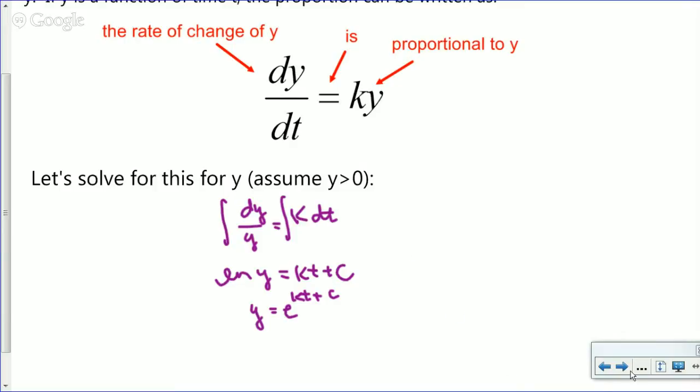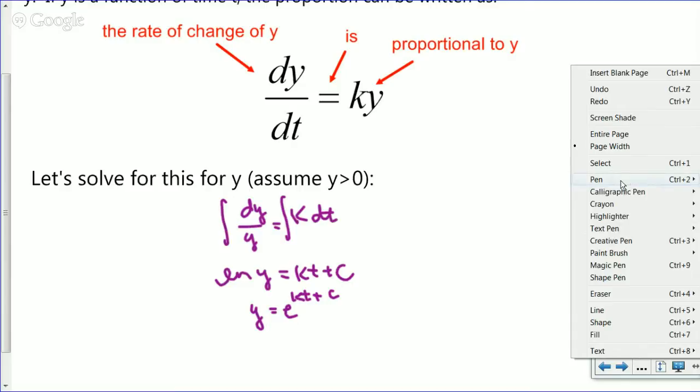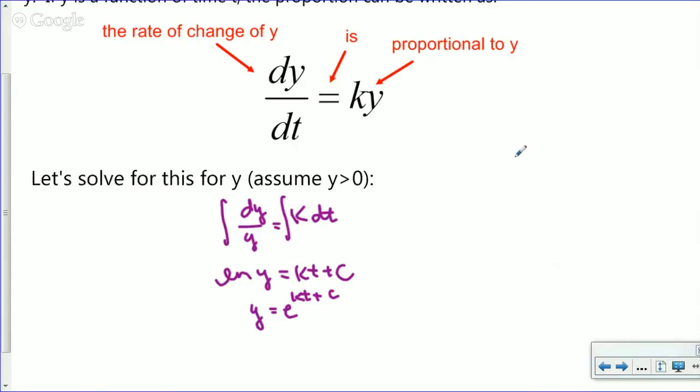Okay, now let's come to the side here, just a bit of exponent review. If I have e to the third times e to the fifth, in total I have how many e's? I'd have e to the eighth, right? E to the 3 plus 5. So I have a similar situation here, just going the other way around. I can actually split this up into e to the kt times e to the c.